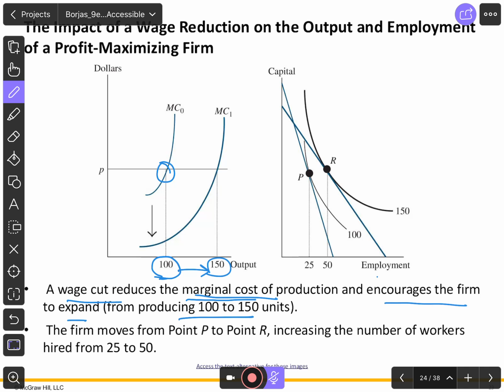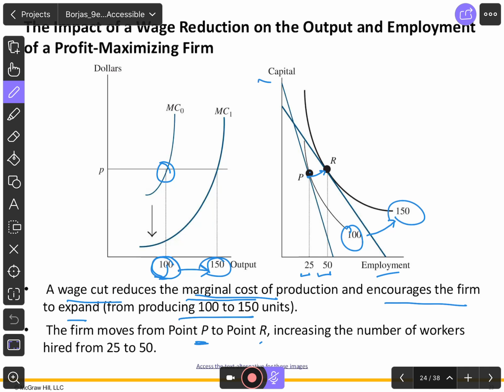Now looking at this optimal combination, they are moving from point P to point R. This means there is an increase in the number of workers from 25 to 50, and they are on a higher isoquant curve. They are producing more, from 100 to 150.